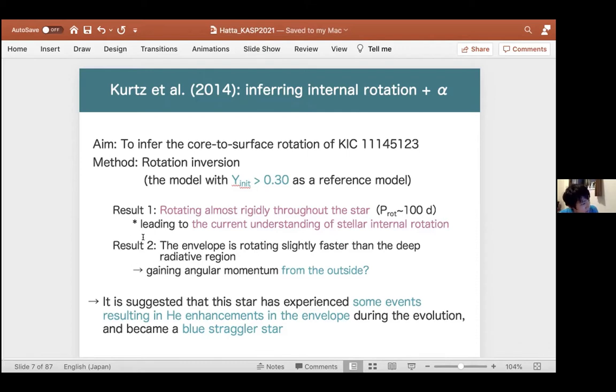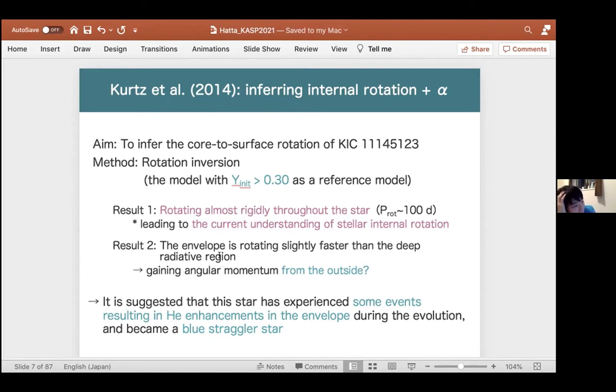The second result was again an unexpected one for them: the envelope is rotating slightly faster than the deep radiative region. The simplest explanation could be, again, that the star might have gained angular momentum from the outside to realize this rotational profile.